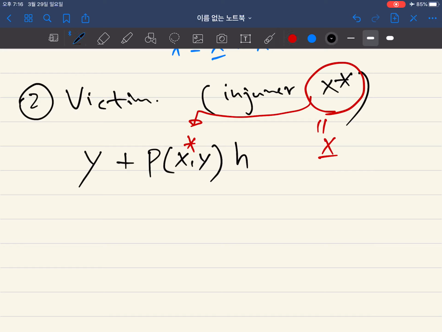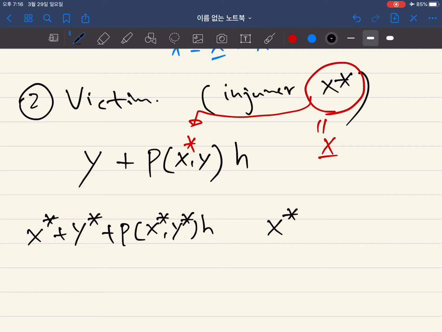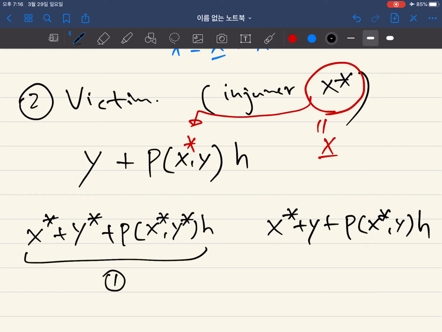So we are using a similar idea as before. We're gonna compare these two. This is number 1, this is number 2.